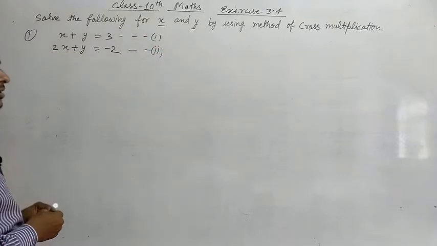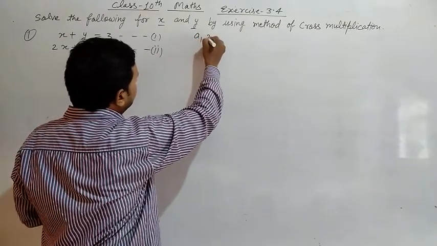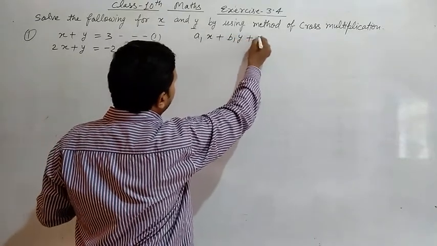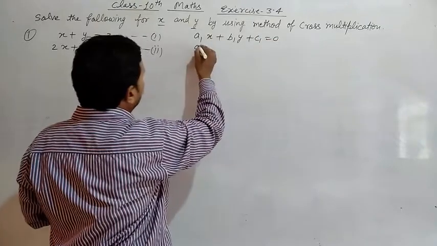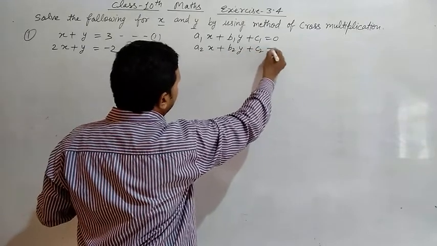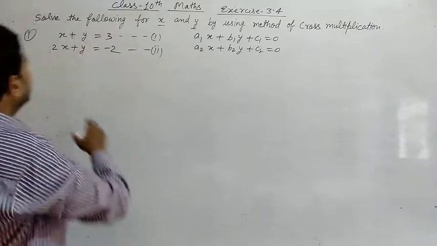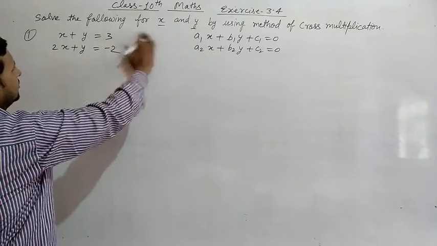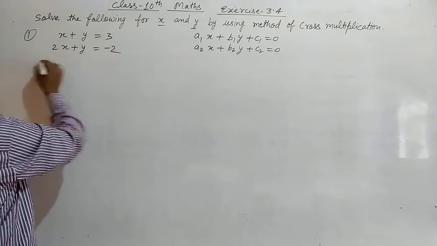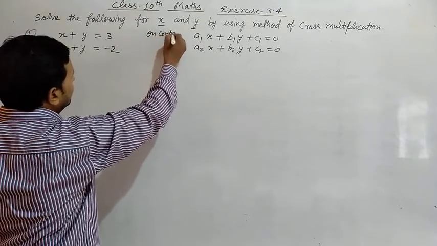Now we have to compare it with the formula, as a1x plus b1y plus c1 is equal to 0 and a2x plus b2y plus c2 is equal to 0.